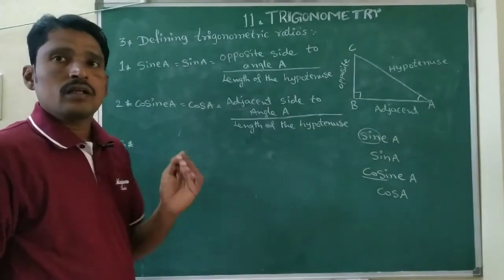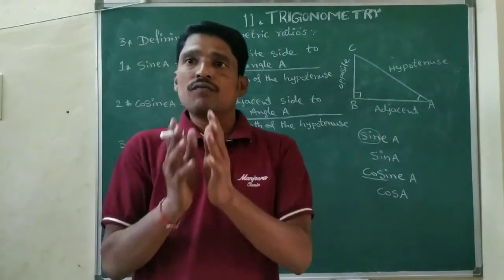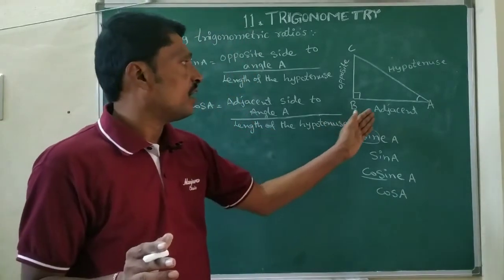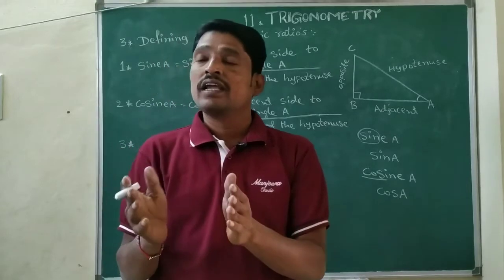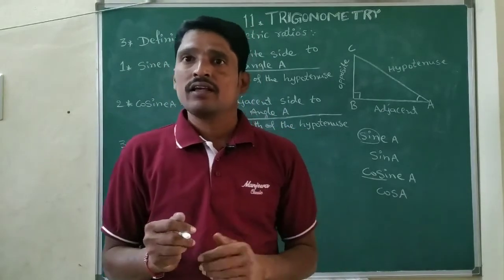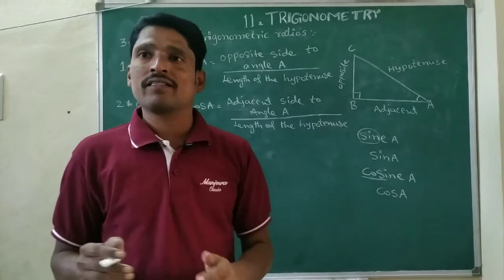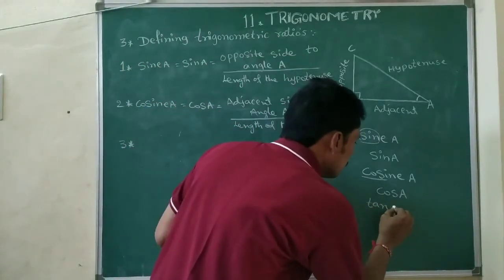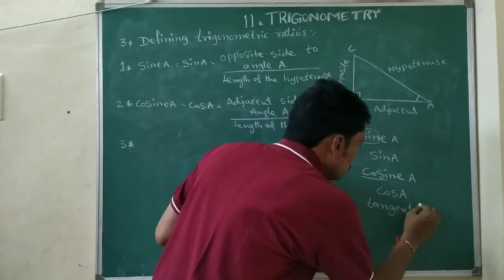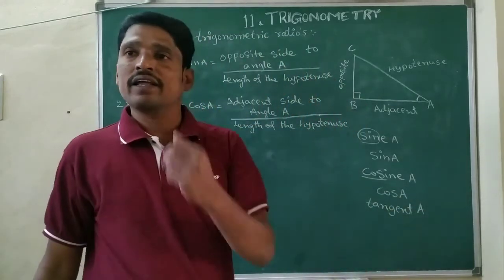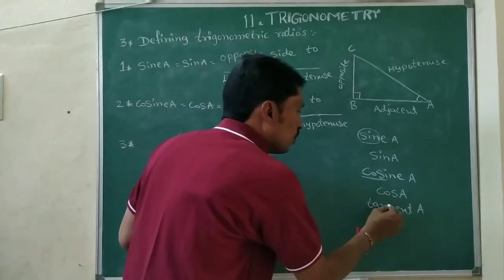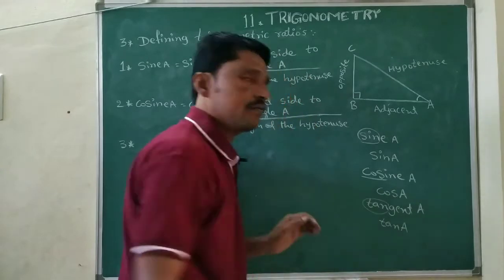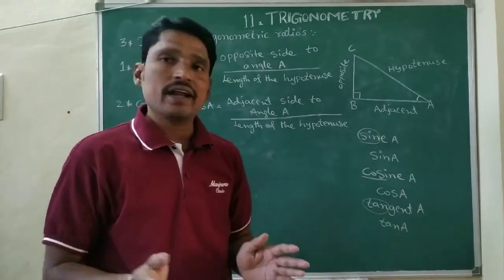Third one, the ratio of the opposite side of an angle and the adjacent side of an angle is constant in all similar right triangles. The ratio will be named as tangent, T-A-N-G-E-N-T, tangent A. Simply we can write tan, the first three letters only, that is tan A. So what is tan A?